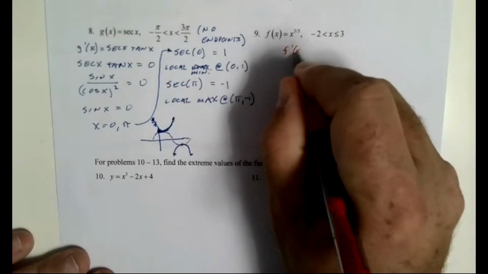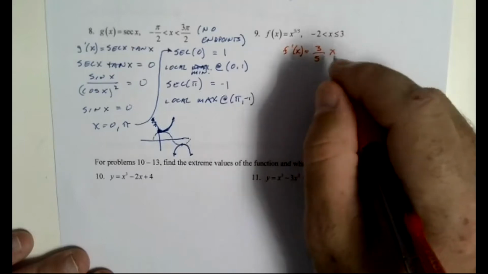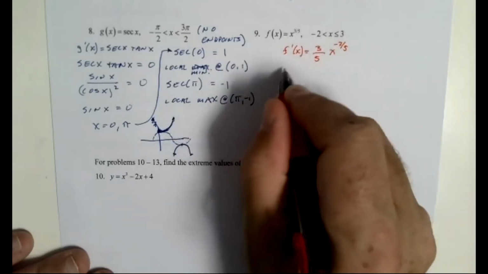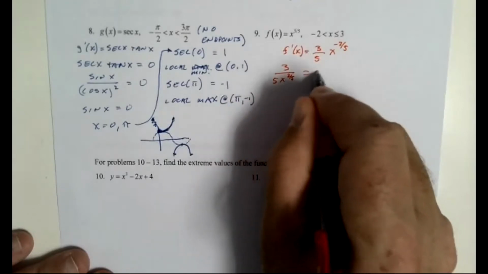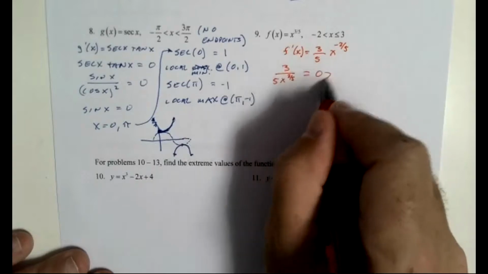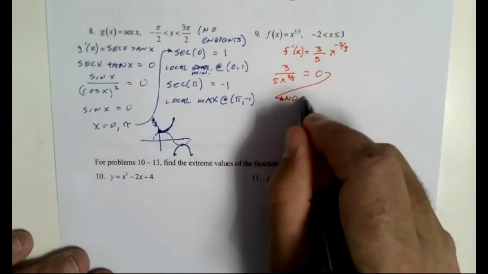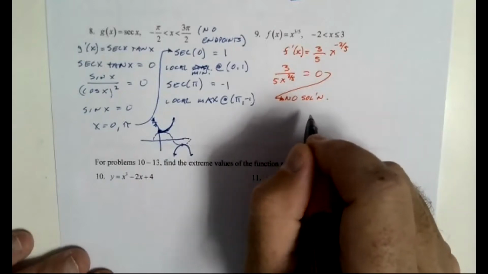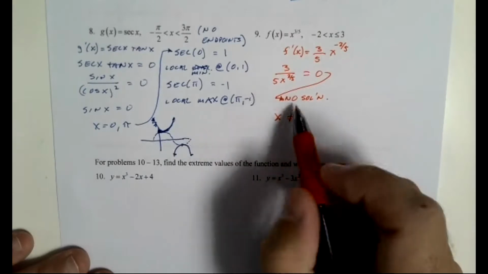F prime of x equals 3/5 x to the -2/5. 3/5 x to the 2/5 equals 0. No solution. However, x cannot equal 0 because it causes problems in the derivative.